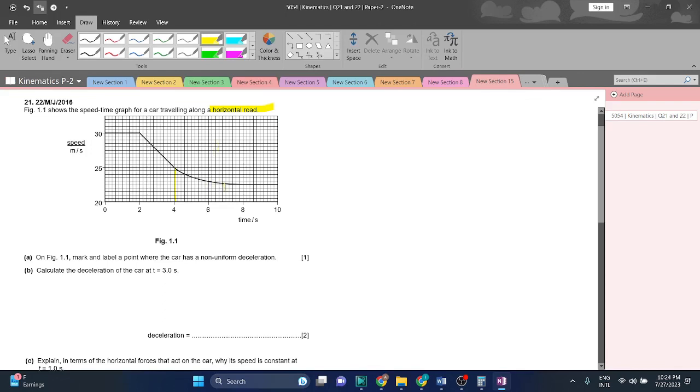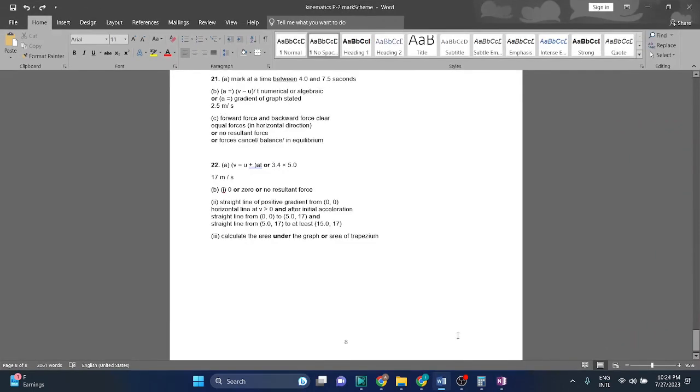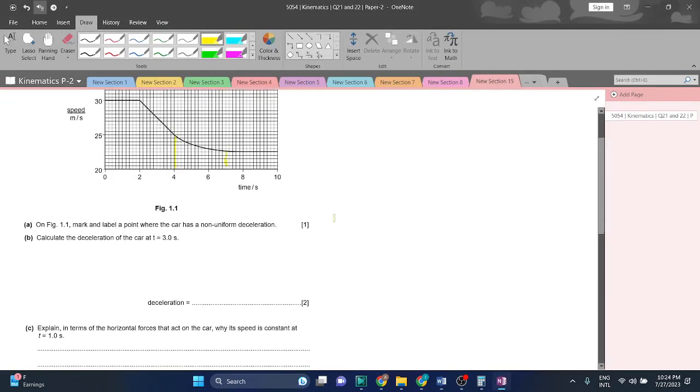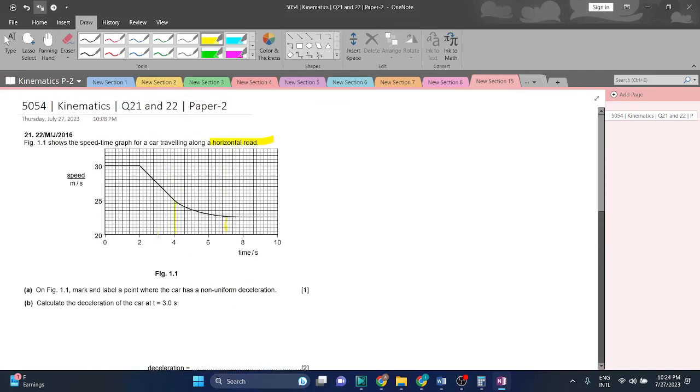But when the slope is changing, that indicates a non-uniform deceleration, right? So anywhere between 4 and 7.5. Yes, anywhere between them.